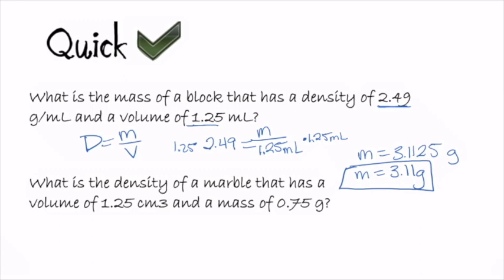So the next question, what is the density of a marble that has a volume of 1.25 centimeters cubed and a mass of 0.75 grams? So we're solving for density, 0.75 grams over 1.25 centimeters cubed.